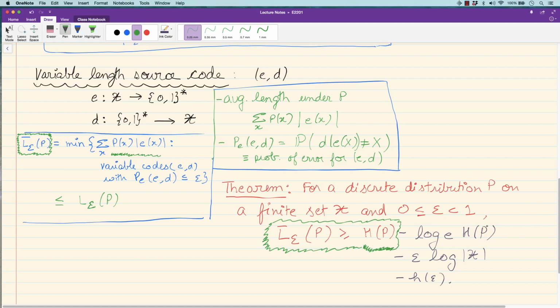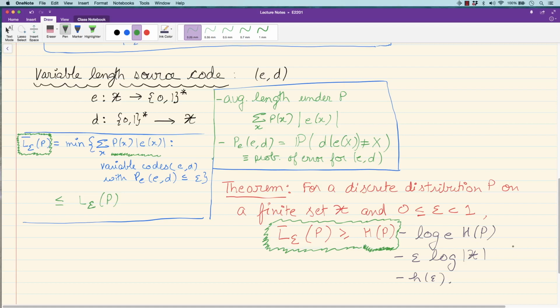One counting that you should remember for approximation of numbers: the smallest is log n, then constant, then linear n, then polynomials n square, n cube, and then exponential, which is very large. So log n is much smaller than n. So h of p is much larger than log of h of p, and this is the leading term in this lower bound.